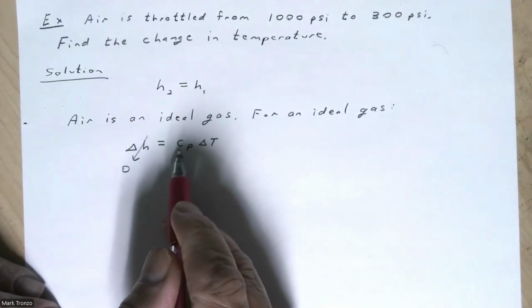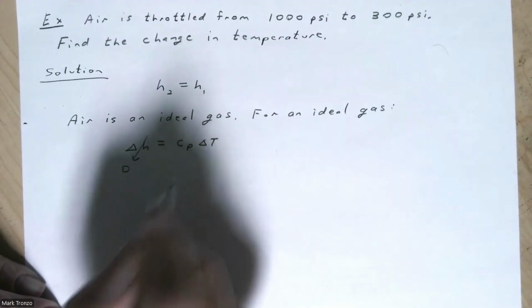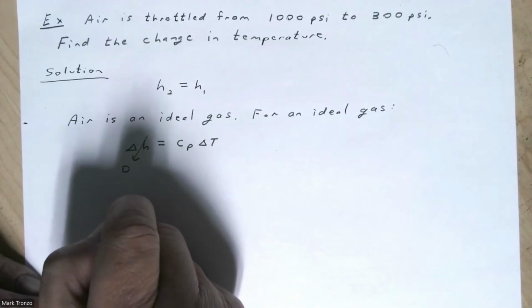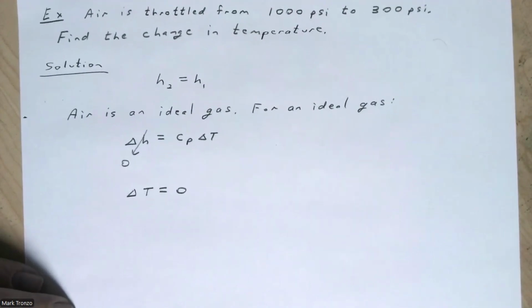And Cp, of course, is going to be non-zero, so then we can divide through by Cp. So then we're going to have delta T is equal to zero.